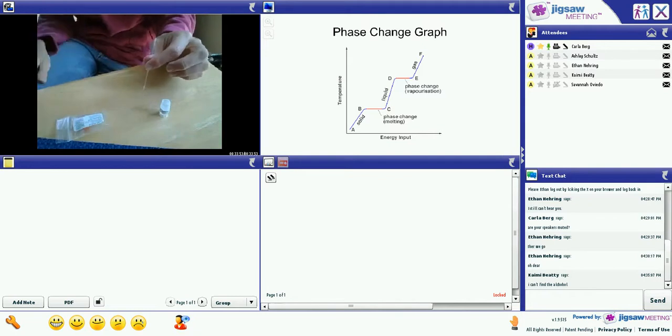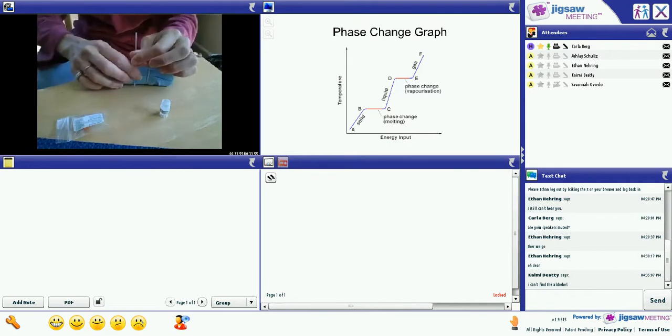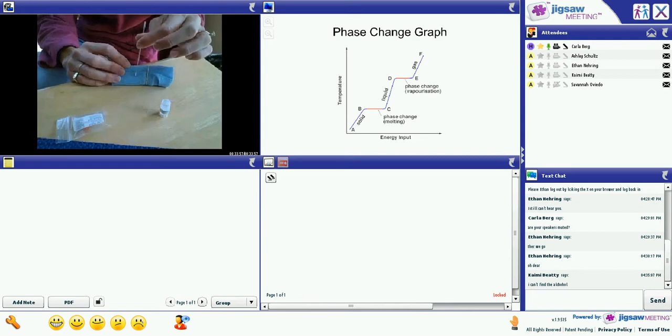Okay, now I believe I have enough, and I'll hold my blue cloth so you can hopefully see. That should be plenty of cetyl alcohol.